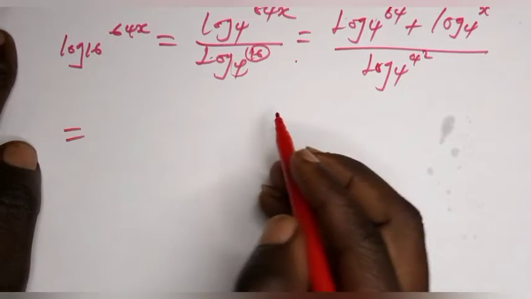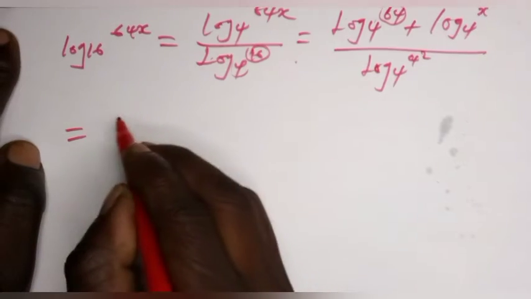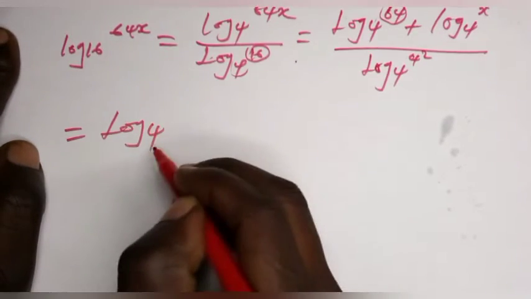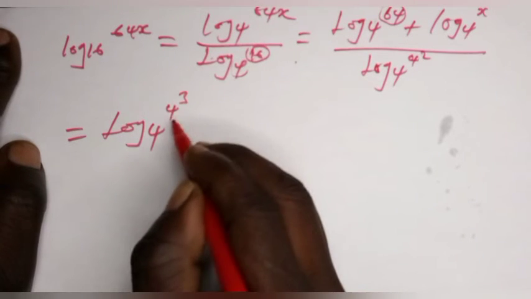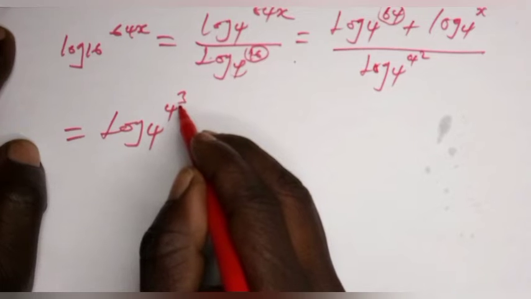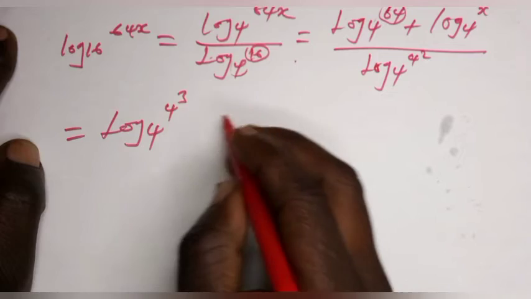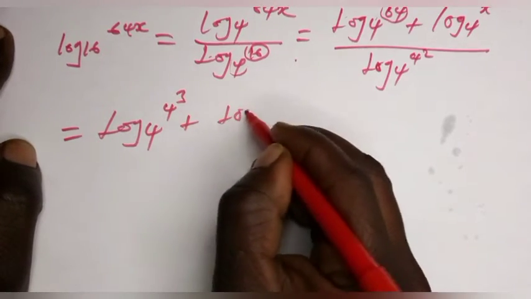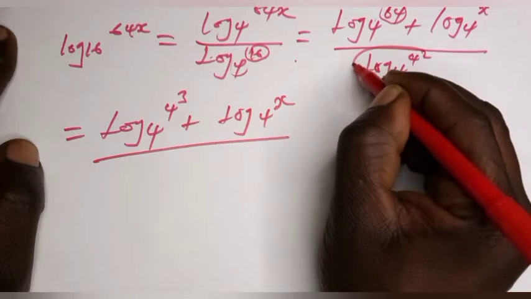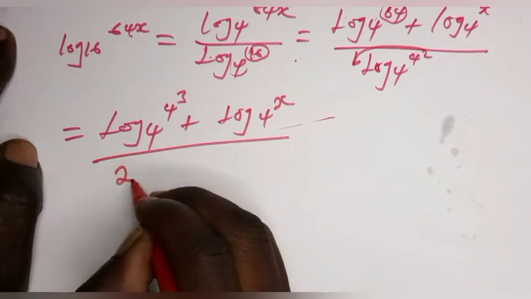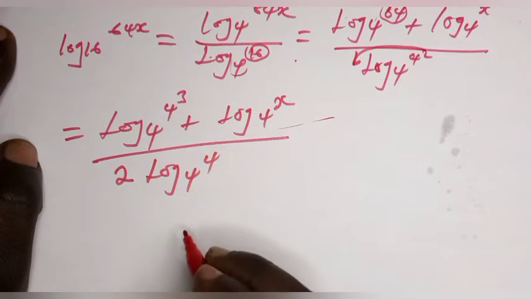So let's reduce this one also: log 4 power 4 power 3, because 4 cubed is 64, plus log 4 power x over 2 log 4 power 4.